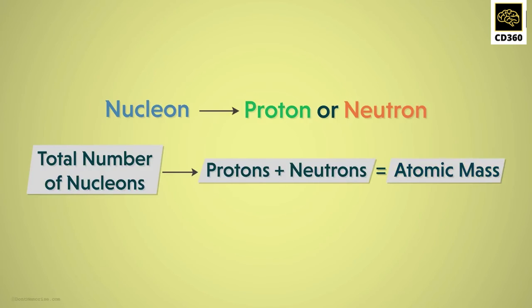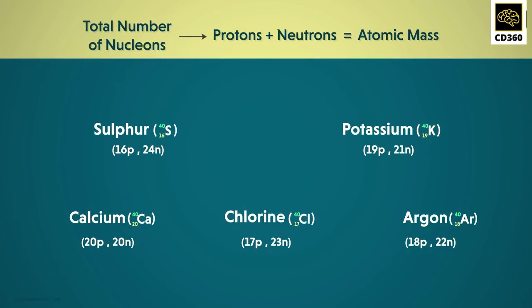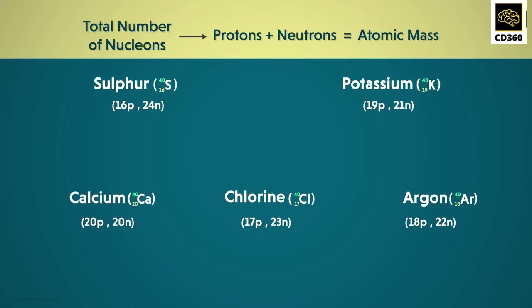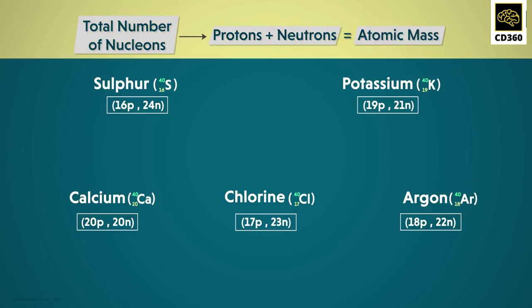So coming back to our example, there are 5 different atoms here. Though the number of protons and the number of neutrons is different in each case, the total number of nucleons in each is the same, which means the atomic masses are the same. How? Yes, it's simple math. One of the sulfur isotopes that we have taken as an example has 16 protons and 24 neutrons.